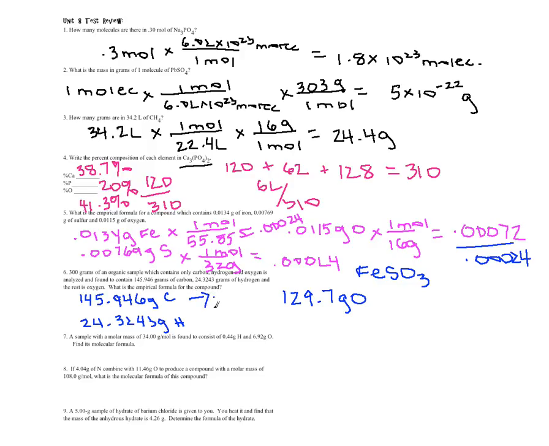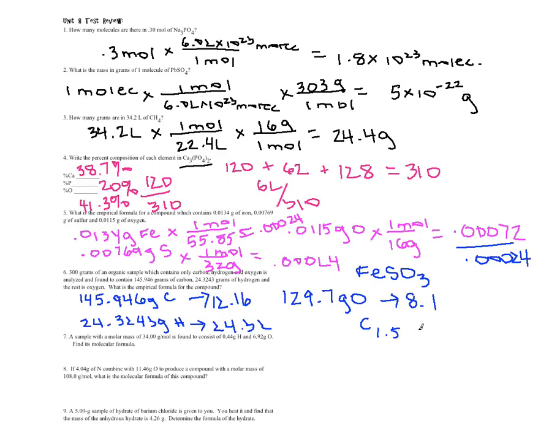This is going to be 12.16. This is going to be the same, the 24, because I divided by 1. Okay, and then the oxygen is going to be 8.1. So I need to divide by my smallest number, which is my 8.1. And what I end up getting is, for my carbon, I get 1.5.